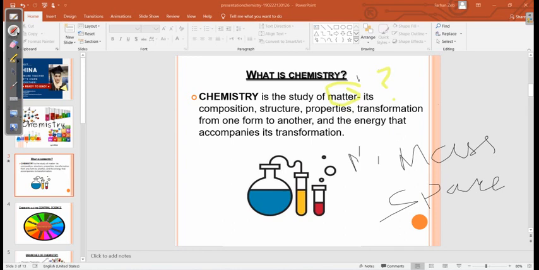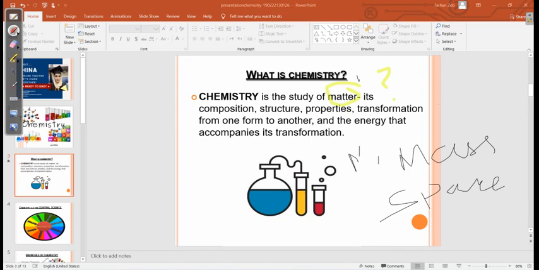Now we know that we are going to study matter in chemistry, but what to study and how to study? To solve these two questions, what and how to study, is called chemistry.